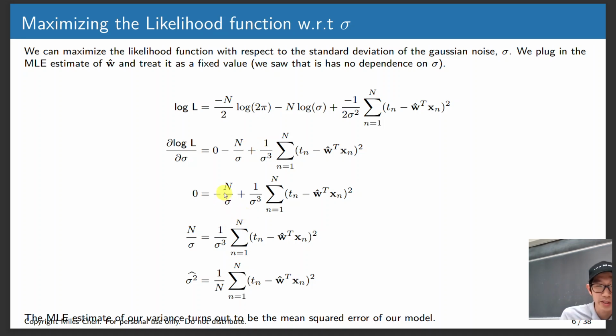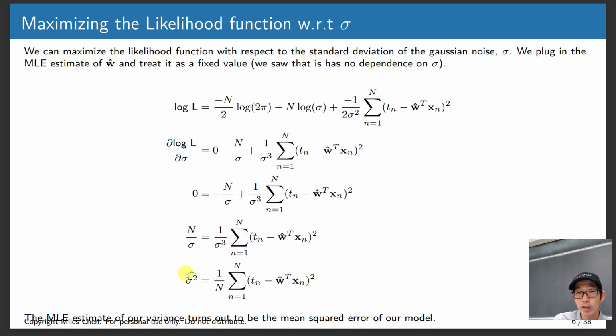And so I'll add n over sigma to both sides, and then I will multiply the left and right side by sigma cubed, and then divide both sides by n. So I'll get sigma squared over here, and on the other side, 1 over n times the sum. So the estimate of sigma squared that maximizes the likelihood turns out to just be the mean squared error of our model.